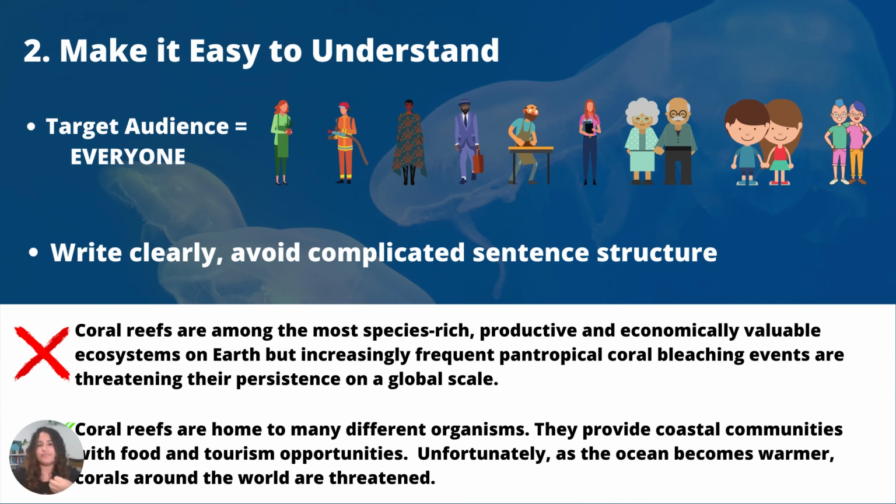So let's make it easier and say: coral reefs are home to many different organisms. They provide coastal communities with food and tourism opportunities. Unfortunately, as the ocean becomes warmer, coral reefs around the world are threatened. That was much easier to read. Instead of one huge and complicated sentence, you have three different sentences.